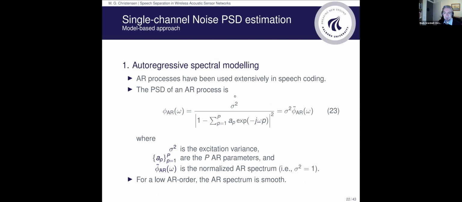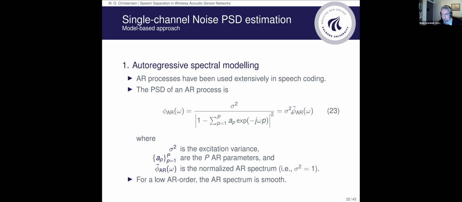So a bit about the autoregressive spectral modeling, which is of course an old model in speech processing. A nice thing about it is that it's really low dimensional. The power spectral density of an AR process is given by this expression here. In the numerator, we have the variance, which scales the power, and then the model itself is parameterized by the AR parameters a_p down here.